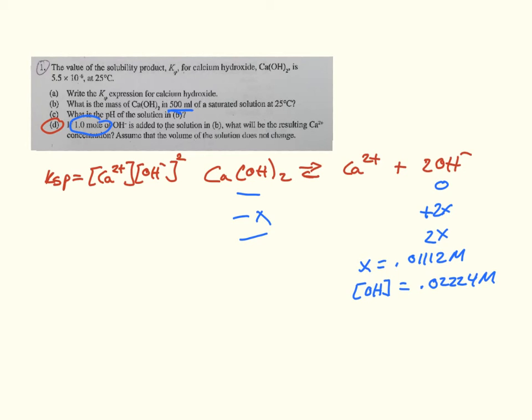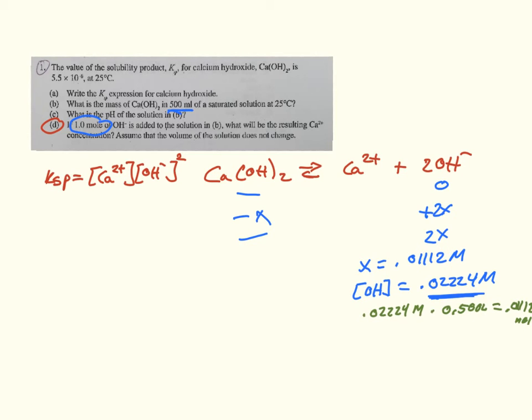So I'm going to figure out how many moles I've got in this first part, add the 1 mole to it, and then divide it back by that volume and figure out what the concentration is. If I take my concentration of hydroxide and multiply it times my volume, that gives me my moles. So I do have 0.0112 moles of hydroxide in the solution before we started.